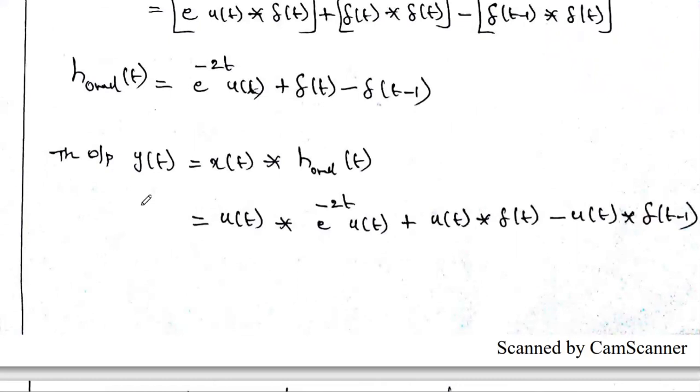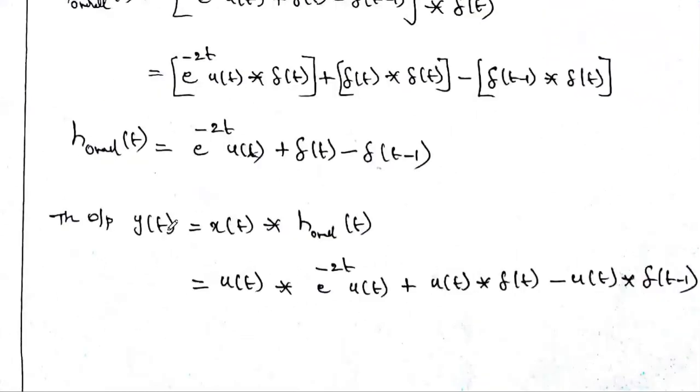We calculated the overall impulse response. Next, you know what is meant by output. The output of the system is nothing but the input signal convolution with impulse response, so x of t convolution with h overall. In the given problem x of t is a unit step signal.